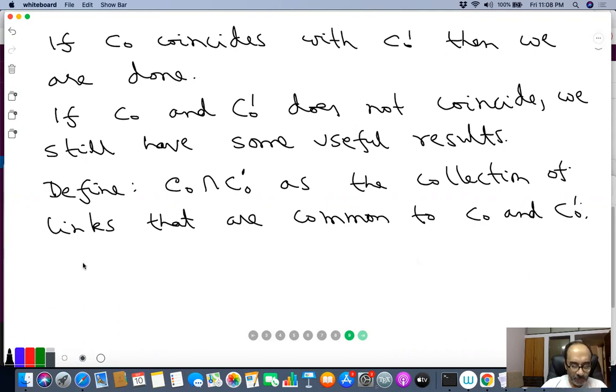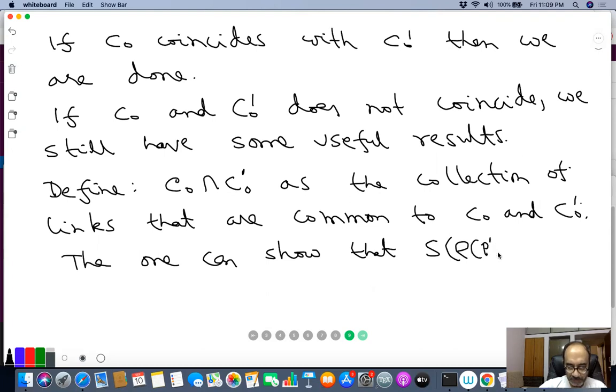Then one can show that S of rho P prime has a lower bound, n of C naught intersection C naught prime times log 2.